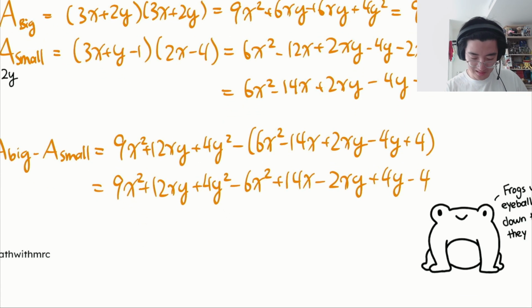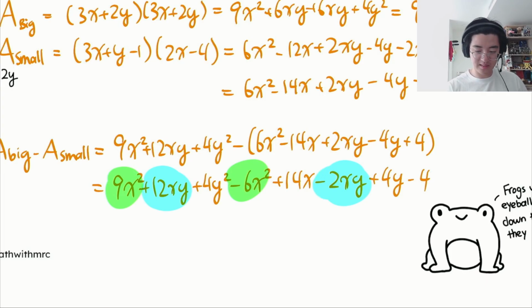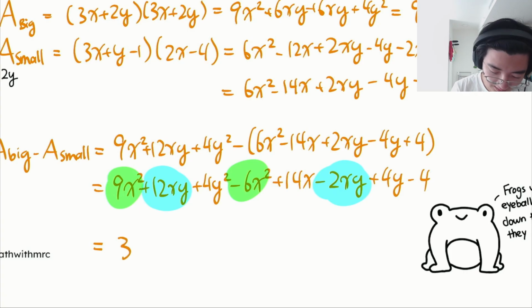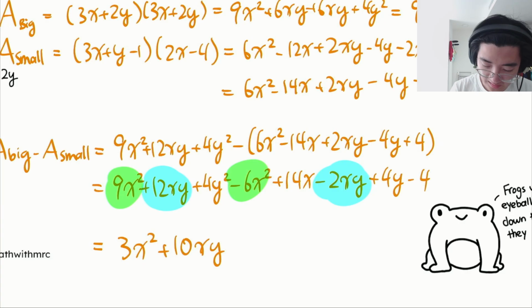Isn't this fun? It's so satisfying. Boom, boom. 2y, xy. Okay, that's all we can combine. So, finally we have 3x squared, and then we have a plus 10xy. Right, again, we try to make it alphabetical, so we go to 14x next.